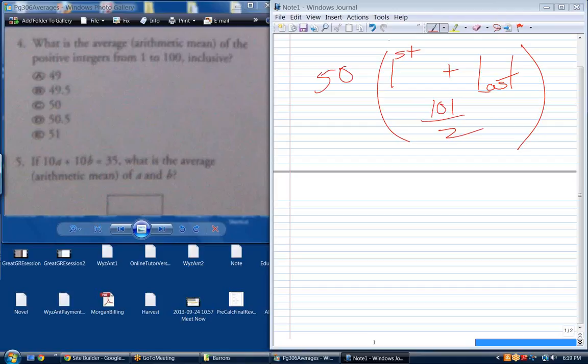Well, let me show you the way I would figure this out. There is a formula for how you sum up consecutive numbers, and it's basically this. I just don't know where you got the 50 from.